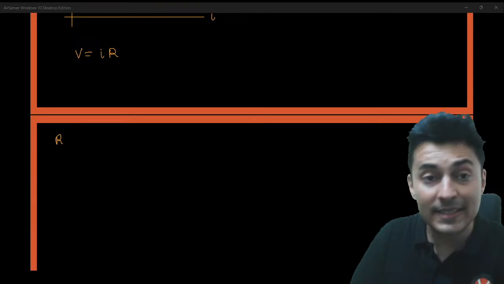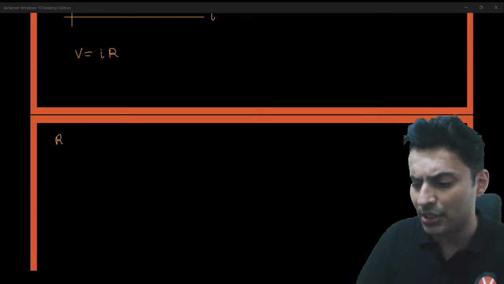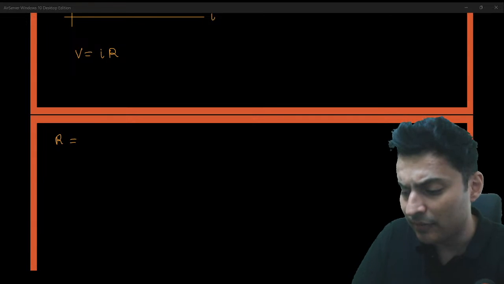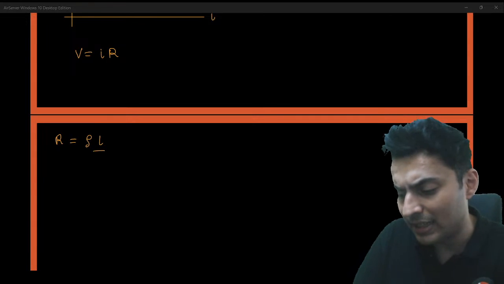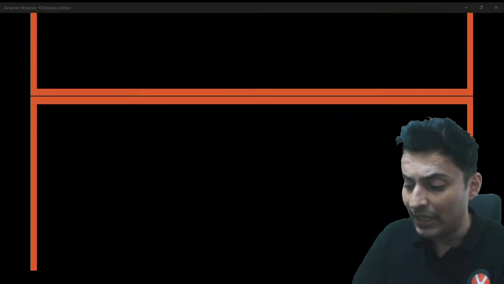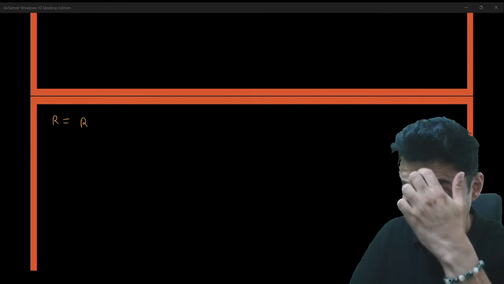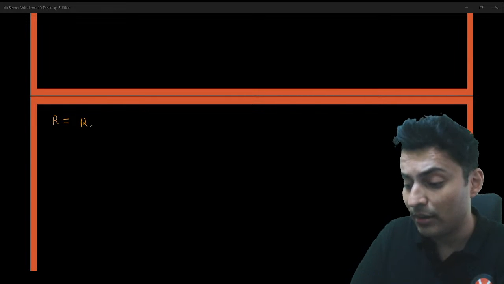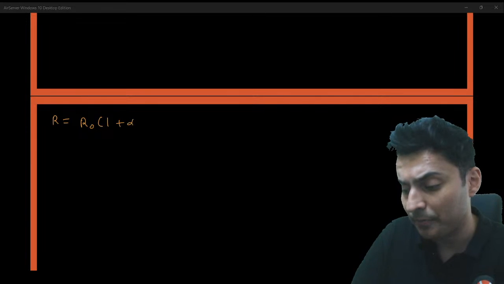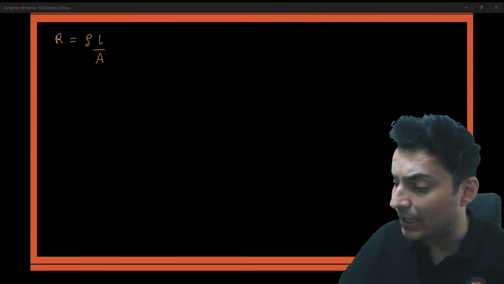How does resistance depend on different things like length, area, temperature? Resistance graph with variations of length and area, and resistance graph for variations with temperature. So let's have a look at both.